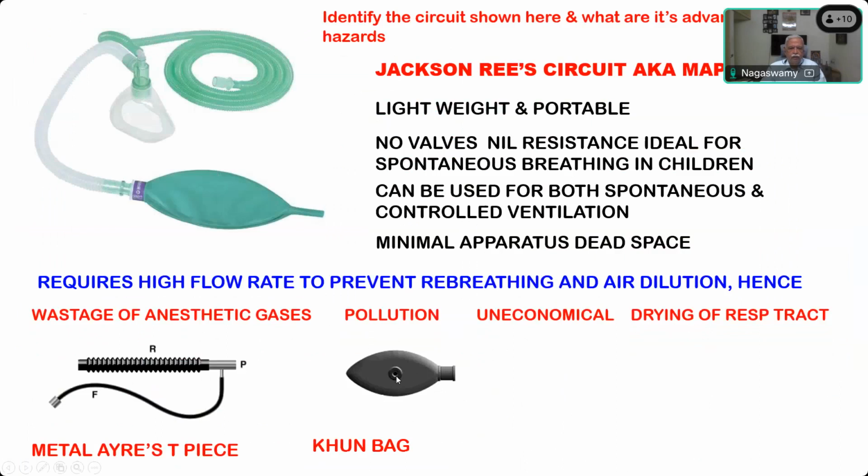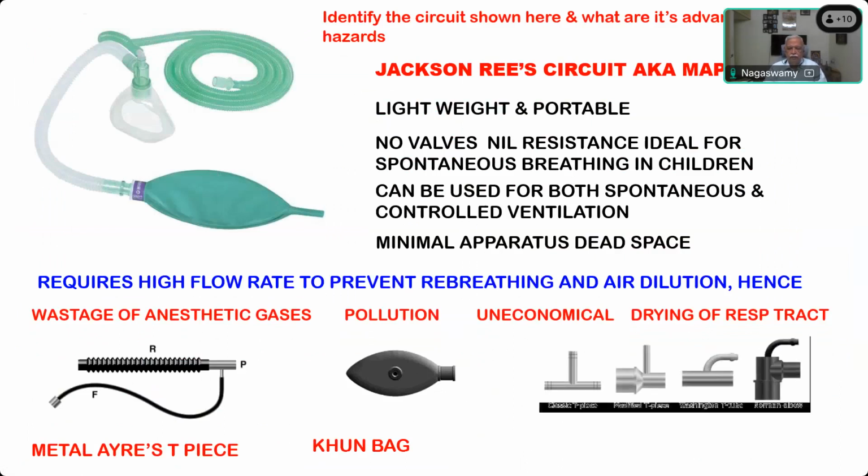You can just close this hole and squeeze to ventilate. So for easy controlled ventilation, somebody designed this with a hole in the center. This is called the Kuhn bag. These are different types of T-pieces: classic, modified, Washington, and normal.